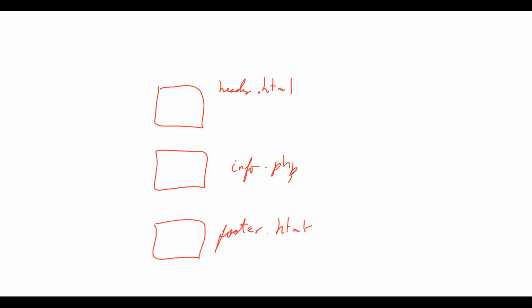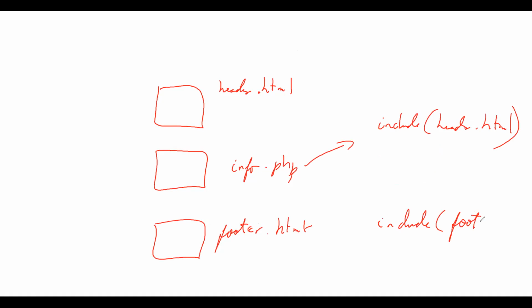So when you do this one, first of all, your scripts are much shorter, right? They're much shorter, so it makes it a lot easier. So for instance, you do include header.html, right? And then over here, you have the include footer.html.